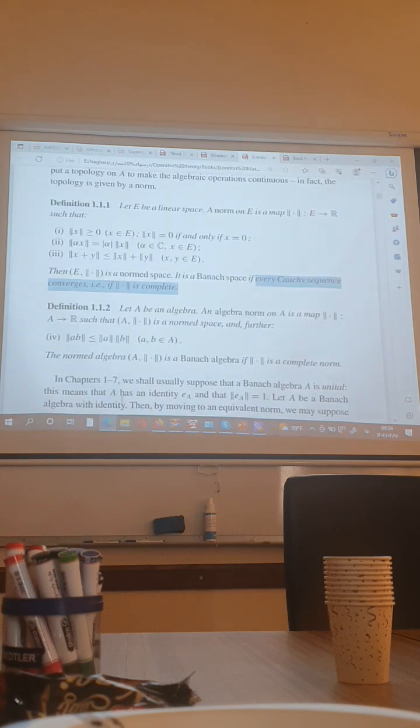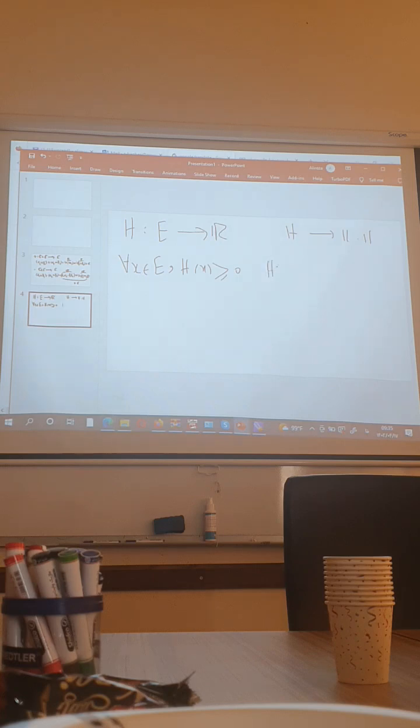This is instead of this, okay? This is h of x. This is a symbol of a function, okay? For this you must write h of x equal to 0 if and only if x equal to 0, okay? And for any alpha in complex numbers and for any x in E, we must have h of alpha x equal to the absolute value of alpha multiplied by h of x.